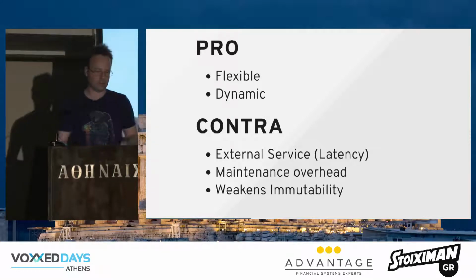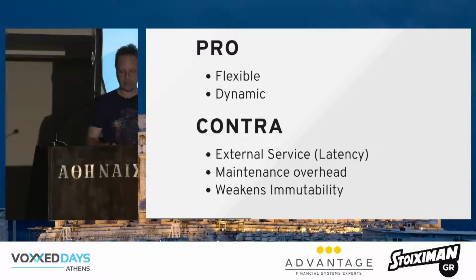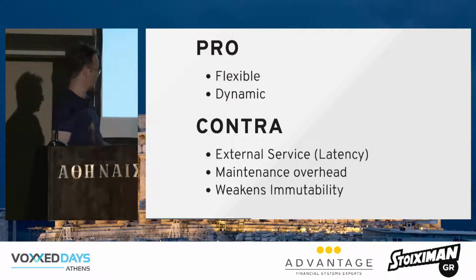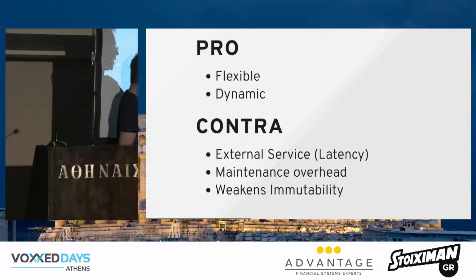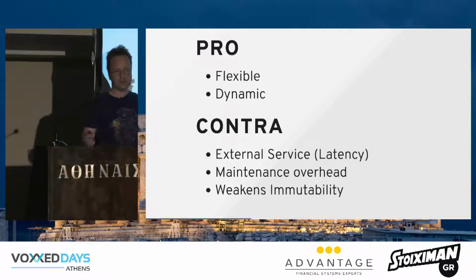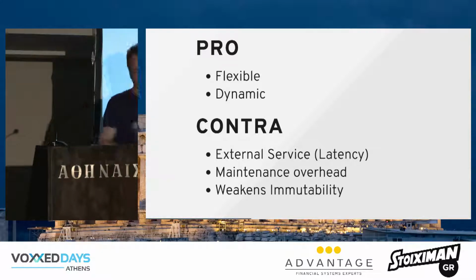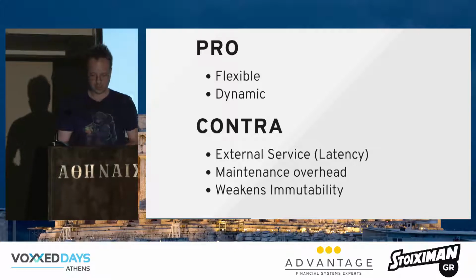It's probably not really relevant because it goes quite fast. But you still have a maintenance overhead because you now have to start up your Consul daemon. And another point is that whereas it's an advantage that it's dynamic, it also weakens the immutability, so that you cannot really be sure at any point in time what state your system has with respect to configuration. This can also be a drawback.